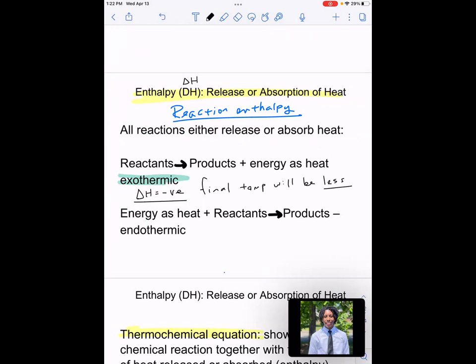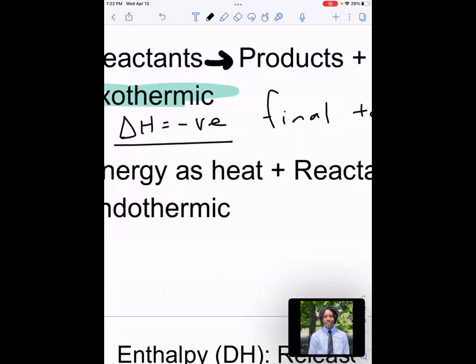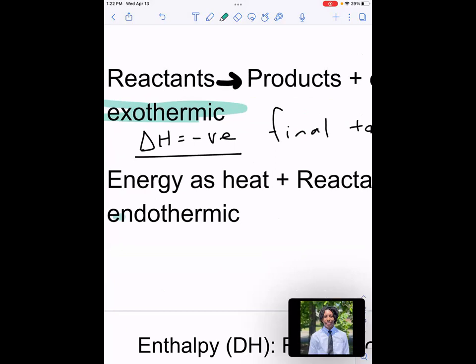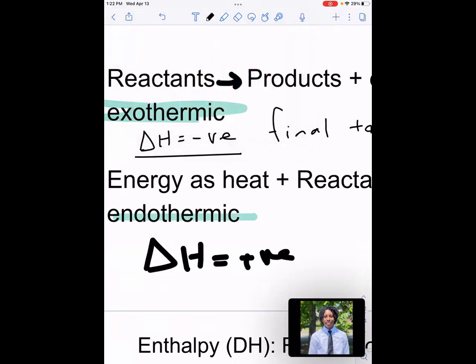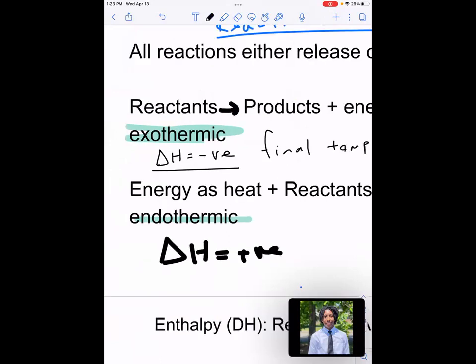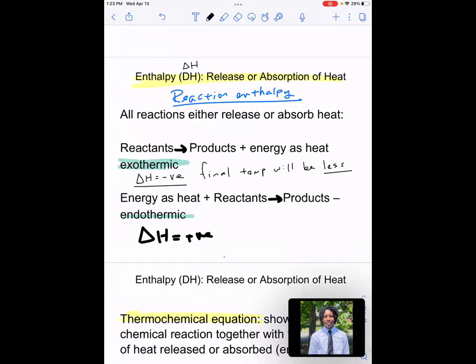That means the final temperature is going to be higher, right? And so here, this is what we call endothermic. So because that final temperature is higher, delta H is going to be positive. Right, so anytime we're dealing with delta H, we can know if a reaction is endothermic or exothermic based on whether delta H is positive or negative.